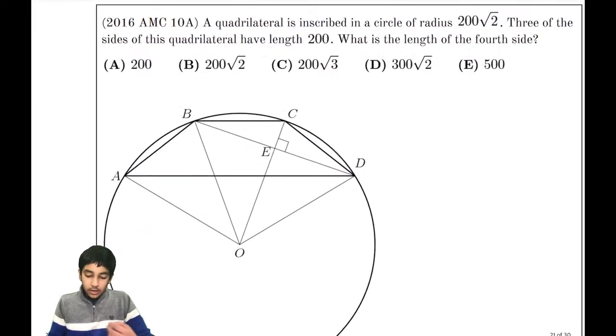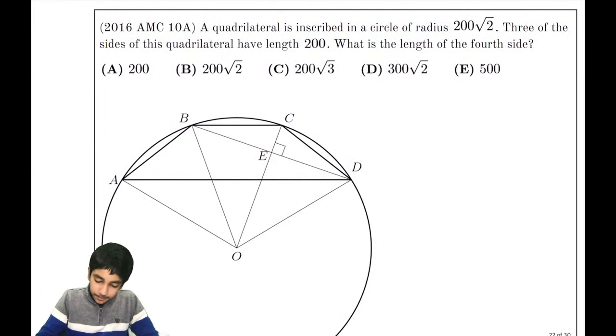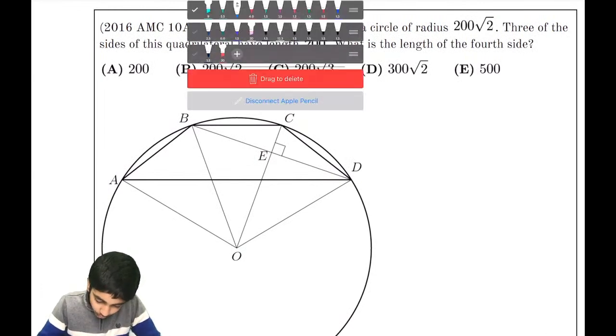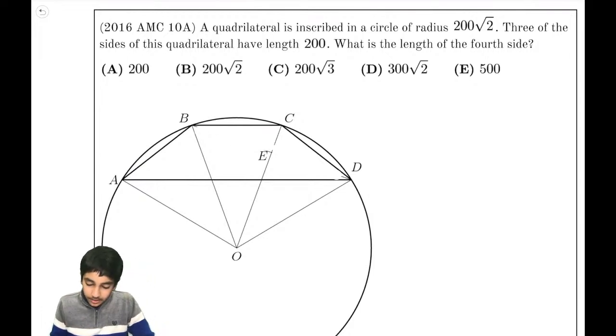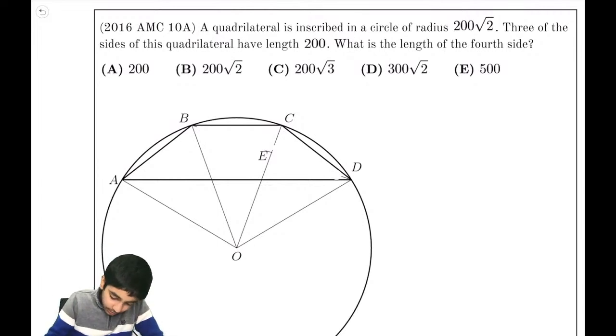It probably will be. So in this problem, we've got a quadrilateral inscribed in a circle, and the circle has radius 200 root 2. Just erasing that line because we're not there yet. So the radius of the circle is 200 root 2. Let's use this color here.